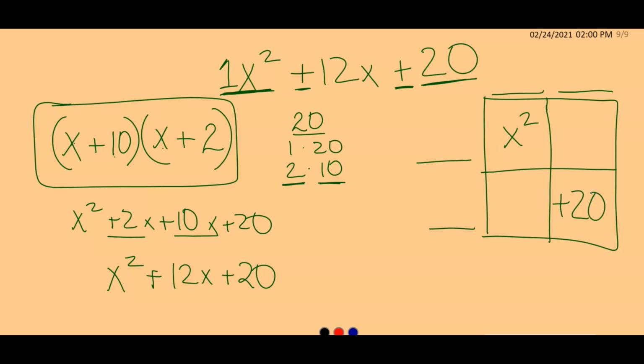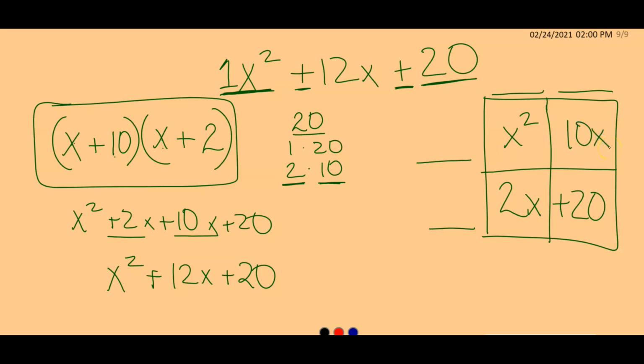So now, once again, we do the same procedure that we did for the Berry method, where we are looking for factors of 20, A times C, that when you add them together equal 12. And we already determined that they are 2 and 10.